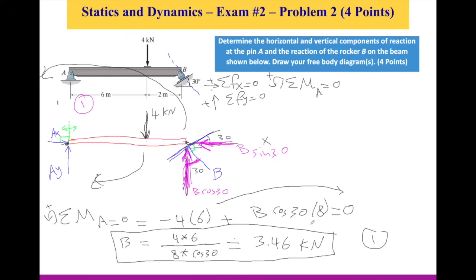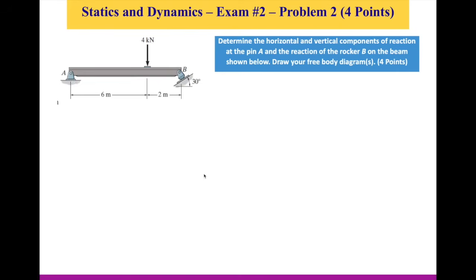The first reaction force, which is B, at the rocker that we have there. Now, I need to continue my work to find Ax and Ay, so I will use the other 2 equations of equilibrium. I've used the first equation of equilibrium with the moment, so let's use it for Ax and Ay. Summation of forces on the x-axis should equal 0, to the right is positive.